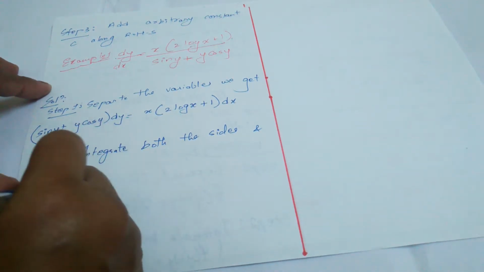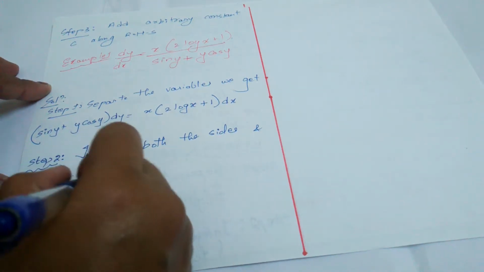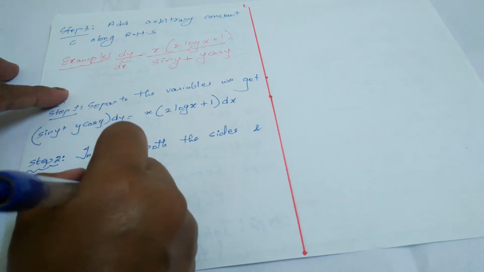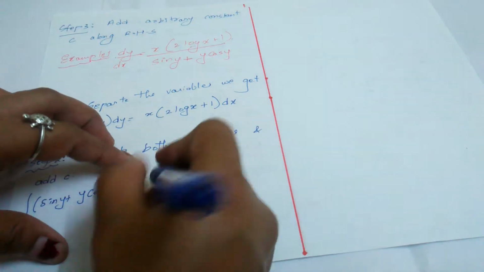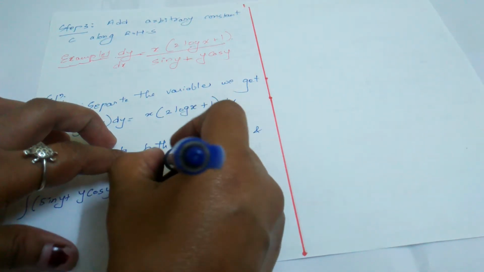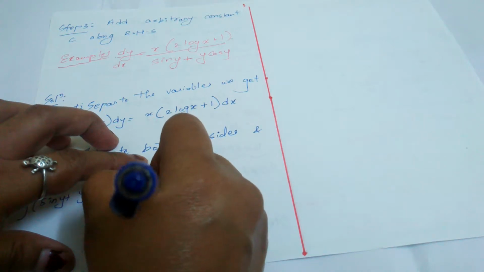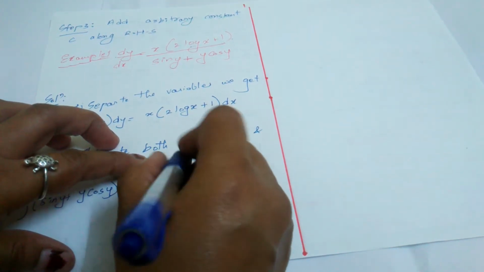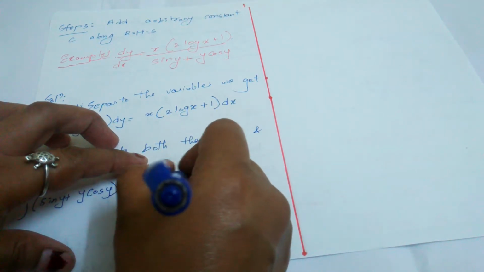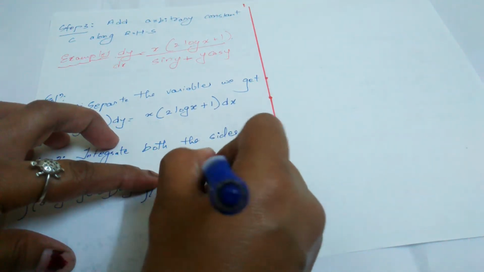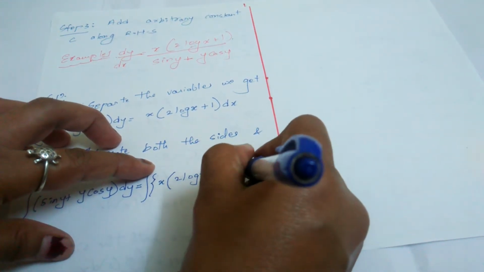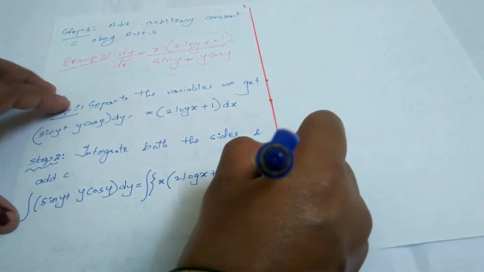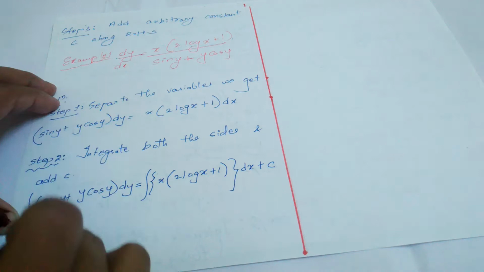Integral of (sin y plus y cos y) dy is equal to integral of {x (2 log x plus 1)} dx plus c. I have combined step 2 and step 3 together.